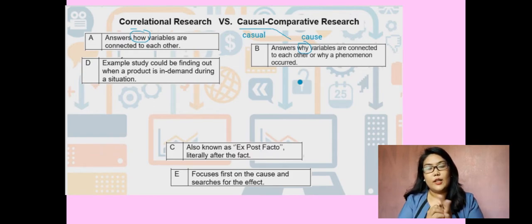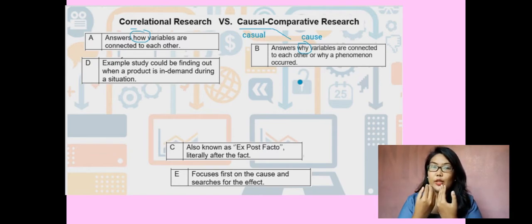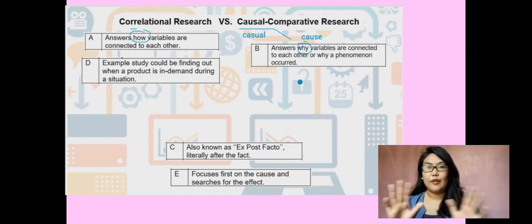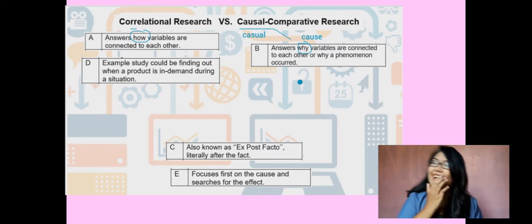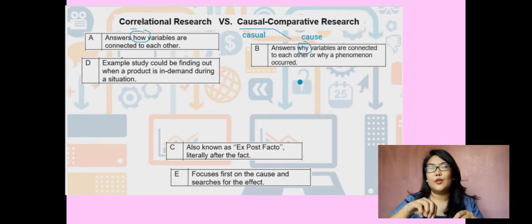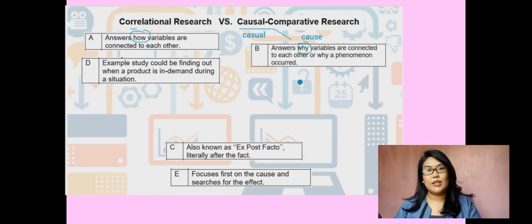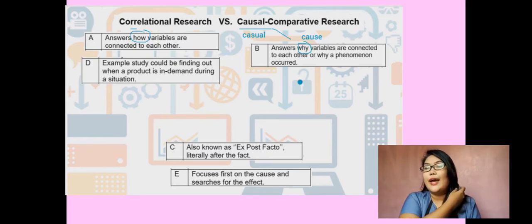For instance, going back to the experiment a while ago, bakit pumuti nung ginamit mo yung black powder sa ngipin? Bakit pumuti? What's with the black powder? Okay. Ayun. Causal comparative. Okay, and then, if you would try to compare it to another nung hindi na ginamitan, okay, so there, naiiba yung focus, naiiba yung aim. Okay? Causal comparative.